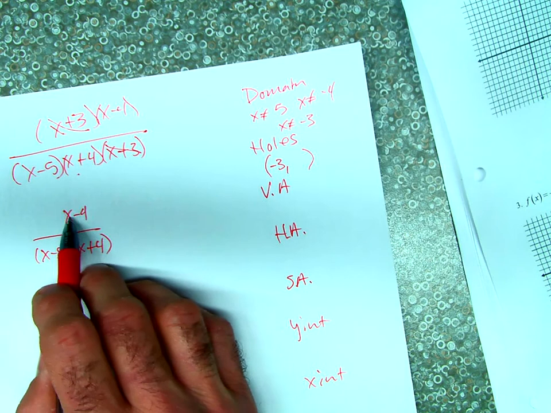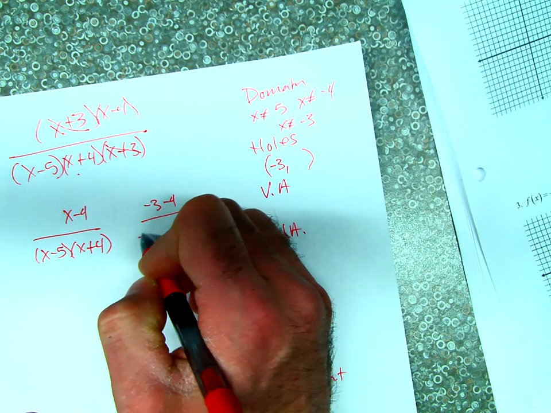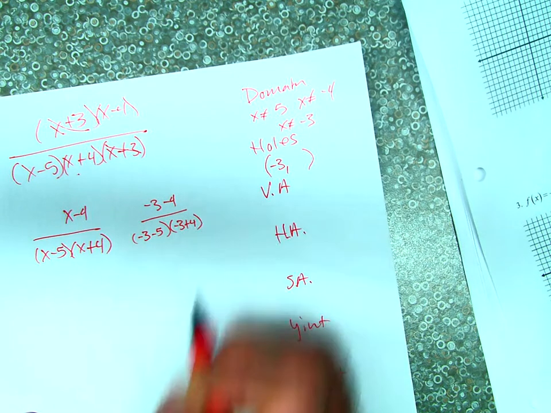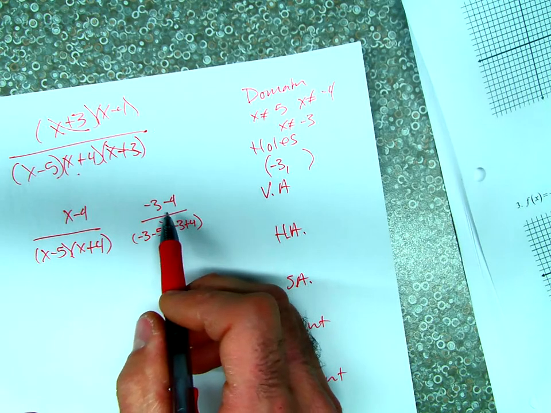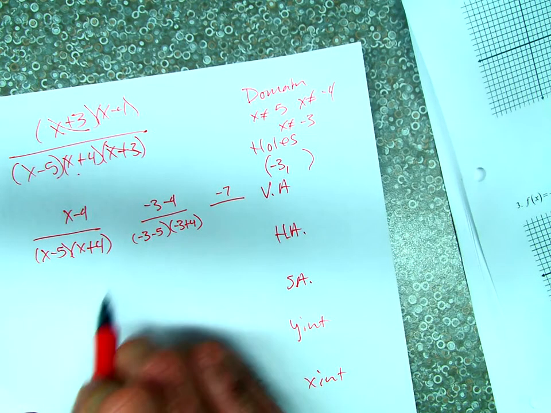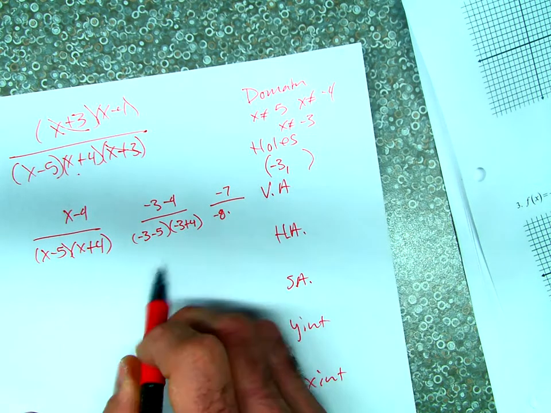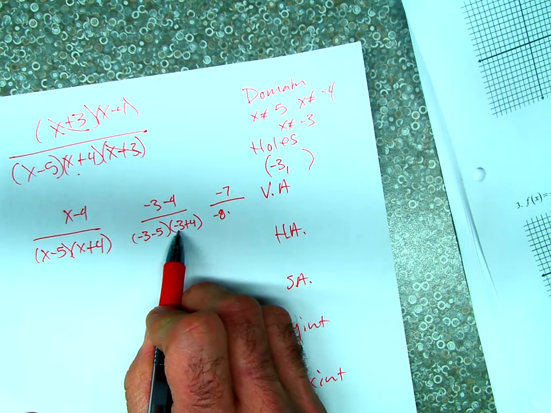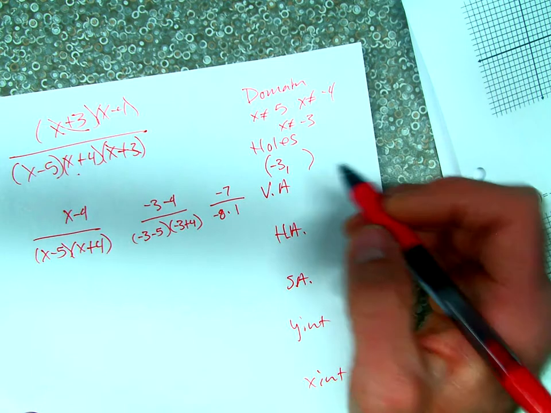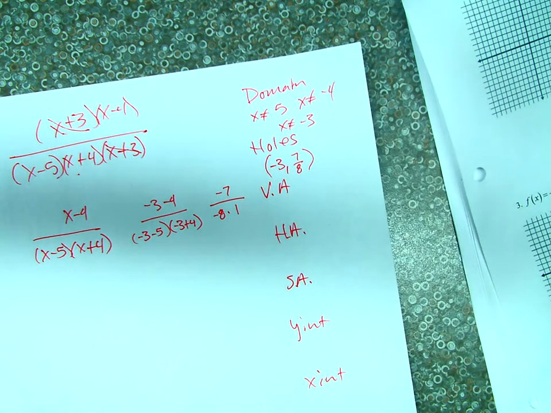So I put -3 in for x: -3 minus 4, -3 minus 5, -3 plus 4. -3 minus 4 makes -7. -3 minus 5 is -8, times, very important, times, -3 plus 4 is 1, times 1. So 7/8 is the y value of the hole.